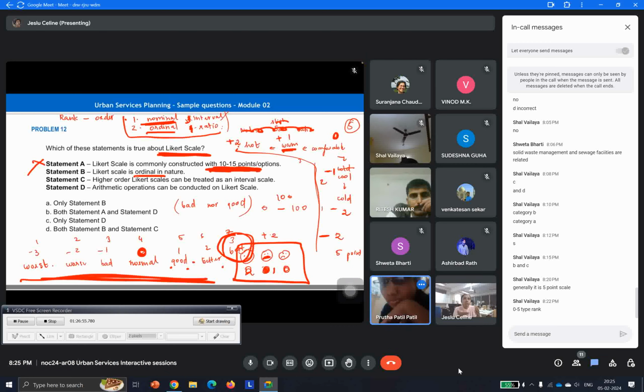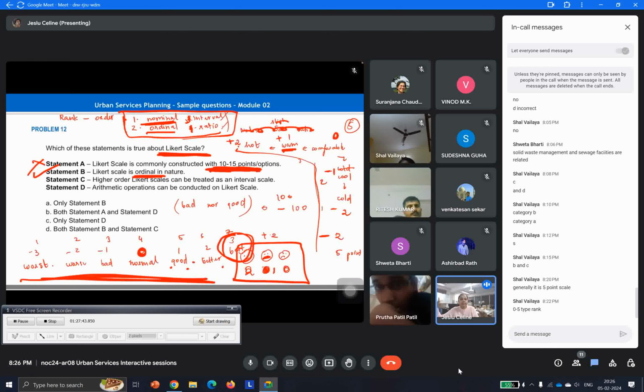Now, statement C: higher order Likert scales can be treated as an interval scale. Is that right? Yes, because that's what we were discussing before. If you have a higher order, like 100 points, then anything that lies very close to each other might imply the same thing. Somewhere between 80 and 90, it might be the same thing.